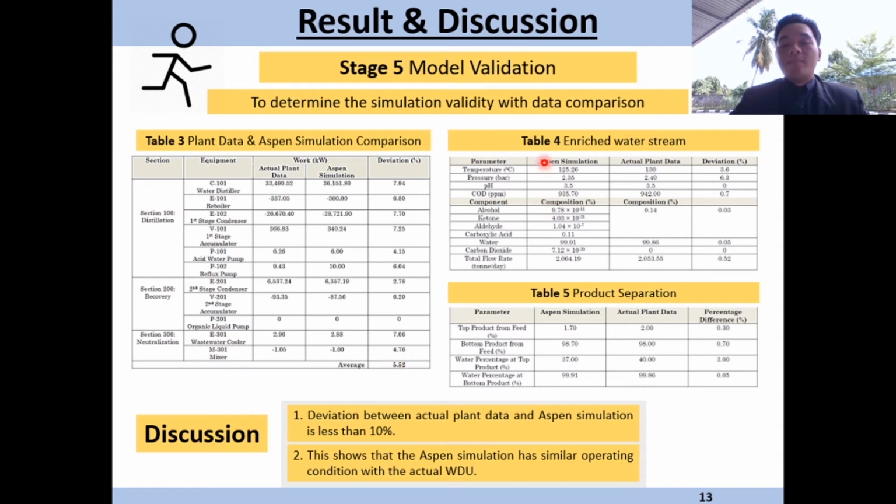And in Table 4, the enriched water stream, the deviation between Aspen simulation and actual plant data also indicated less than 10% deviations between the operating temperature and the component compositions at the enriched water stream, which is the bottom stream. And in Table 5, the product separation also shows less than 10% deviation. So all of these indicate that the Aspen simulation has similar operating conditions and operation to the actual wastewater distillation unit in the natural gas processing industry.